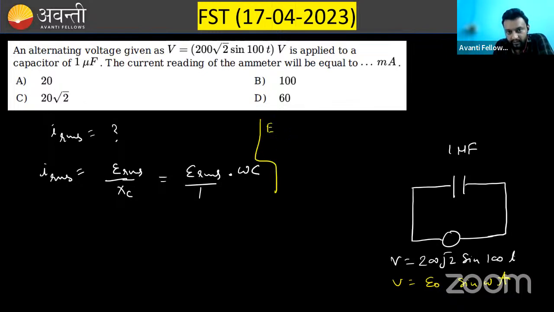ERMS is E naught upon root 2. I think you remember the formula. E naught is what? 200 root 2 divided by root 2. Root 2 will be cancelled. ERMS is 200.